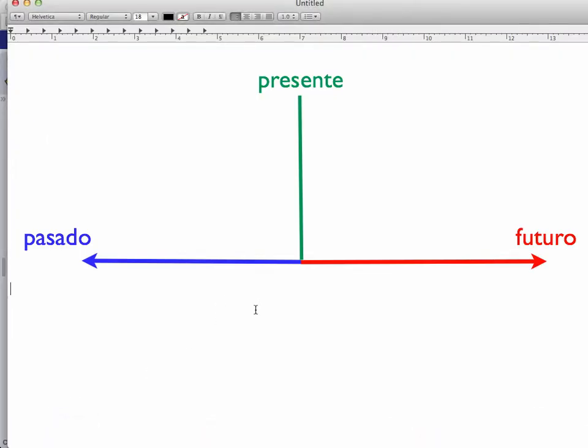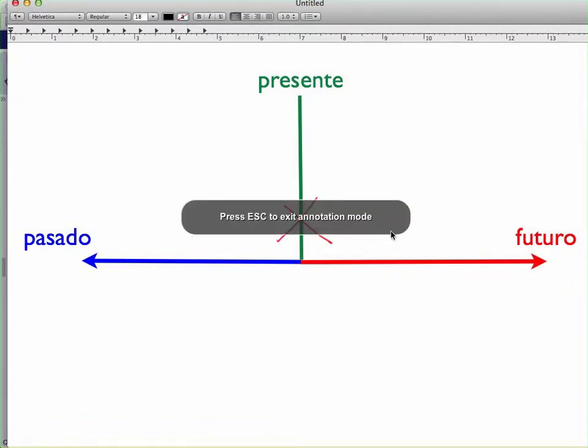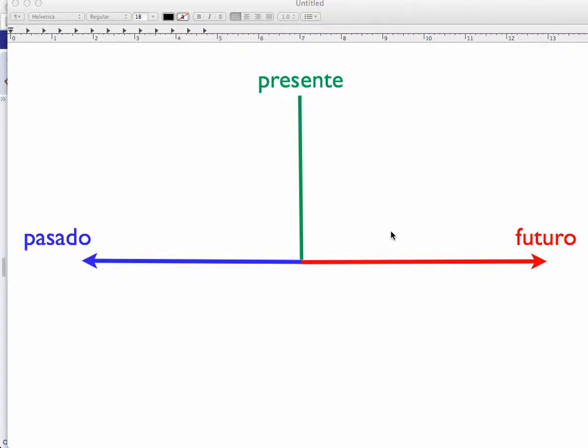So let's go here. If we are talking in the present, using that example, we would say yo dudo que los clientes compren productos biodegradables.